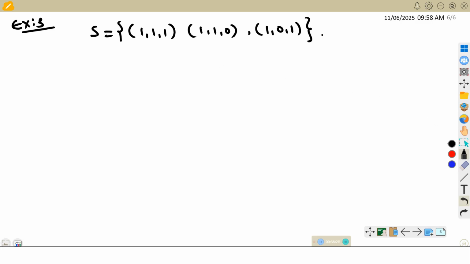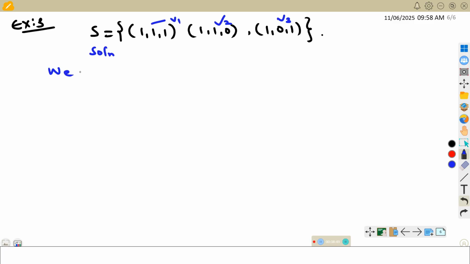So like the way we did in our example number 1, we shall seek for the scalars such that the linear combination is equated to 0. So we shall relate this one to be V1, this one to be V2, and this one to be V3.